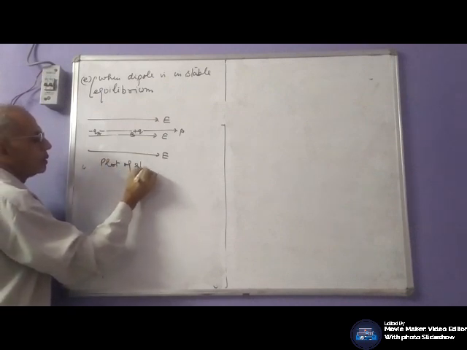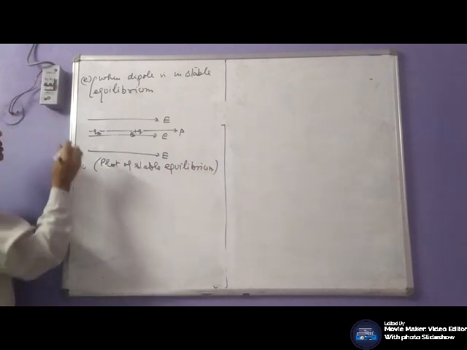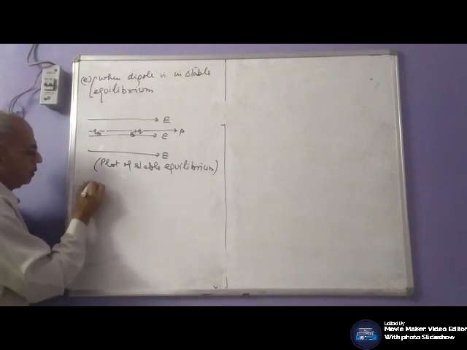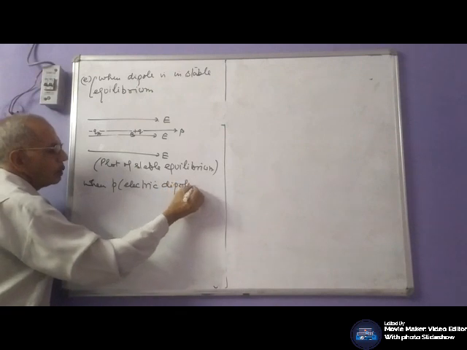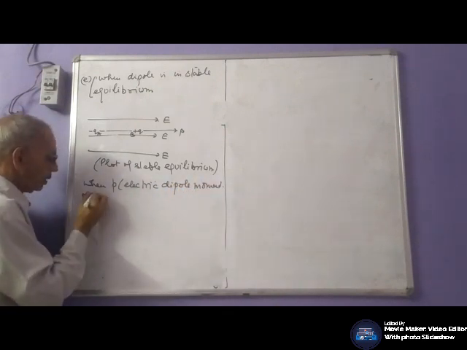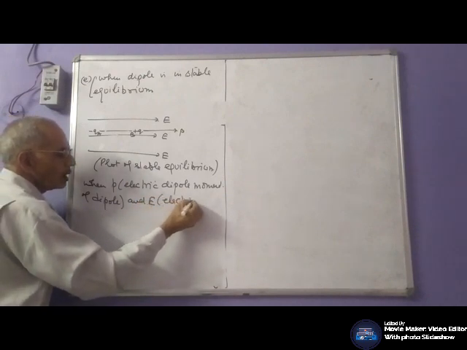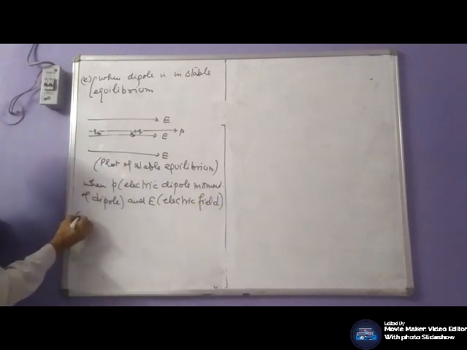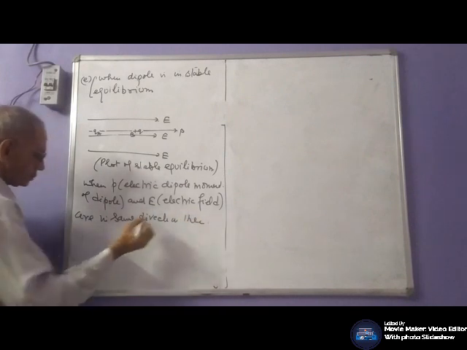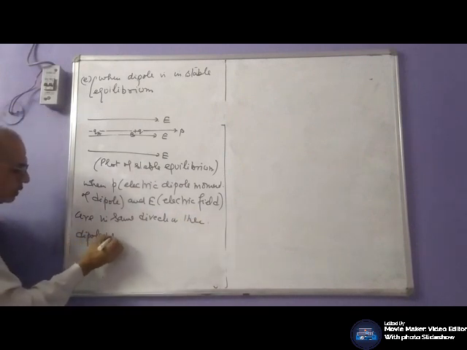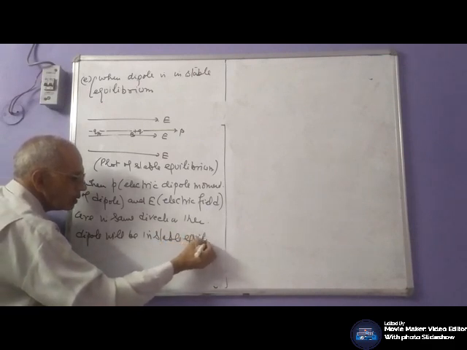Plot of stable equilibrium. So when the dipole is in stable equilibrium, P, the electric dipole moment of the dipole, and E, the electric field, are in the same direction, then the dipole will be in stable equilibrium.